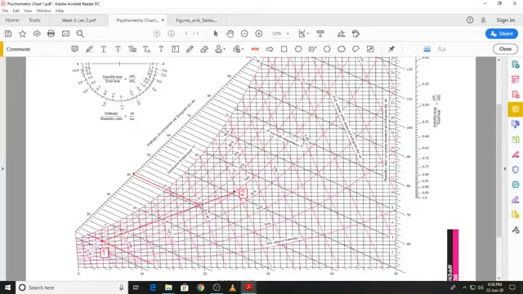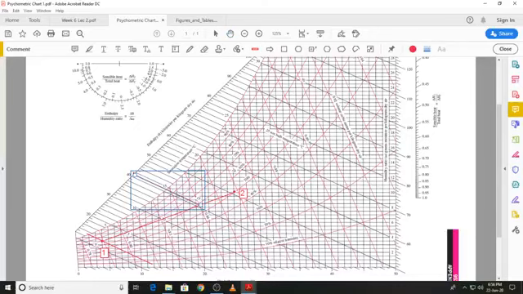This will be the state point. At 3 over here, the dry bulb temperature will be around 19.5 degrees C, and the wet bulb temperature, if you look at it, this is 15 degrees C over here.